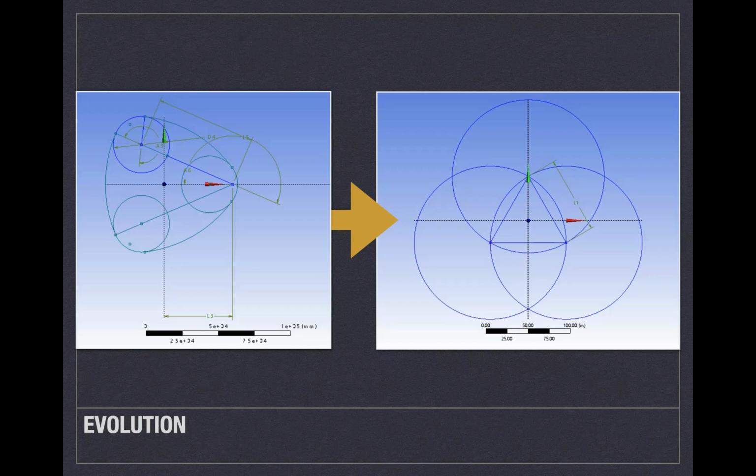However, it could not close, so in order to solve this problem, I used the constraint function, and I constrained the points with the lines.